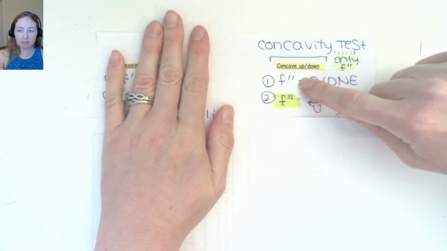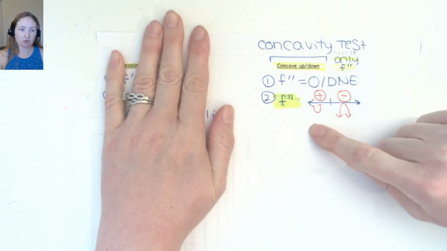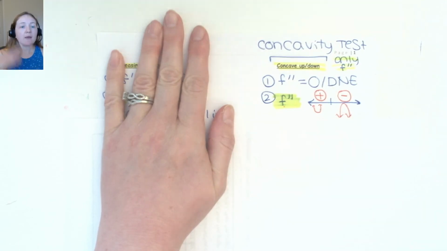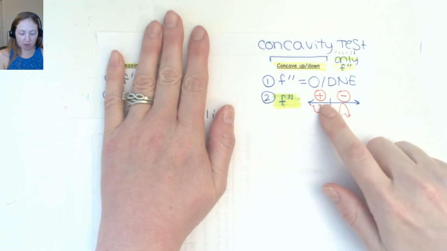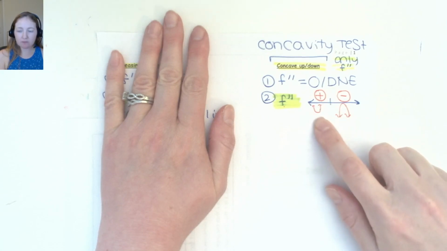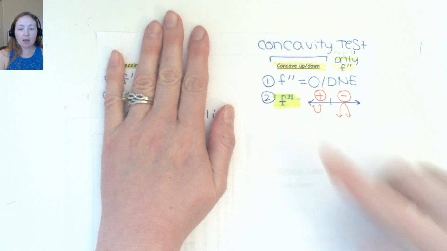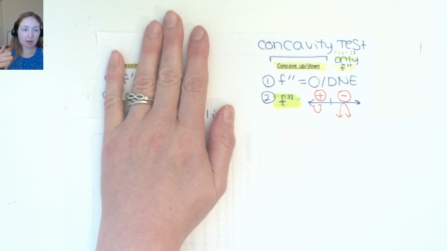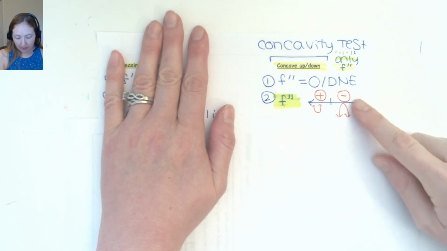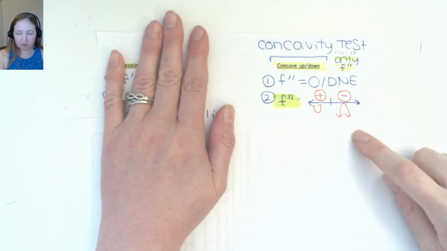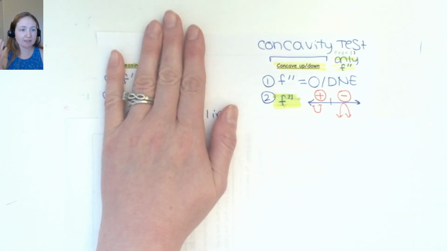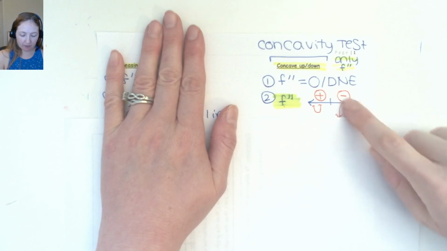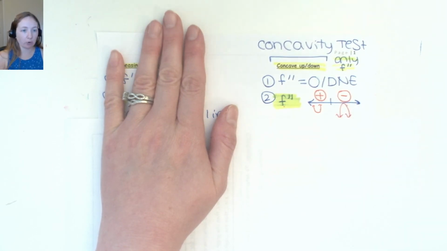So setting the second derivative equal to 0 and then drawing the derivative number line. The second takeaway is the information that we're getting from this. When our second derivative is positive, that tells us we're concave up. Again, that's a U-shaped graph. We could have the full U or just a portion of the U. And if we get a negative, that tells us our function is concave down, and we could have an upside down U or just a portion of the U.